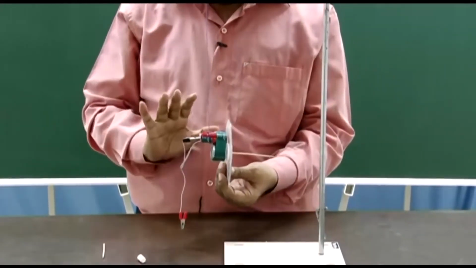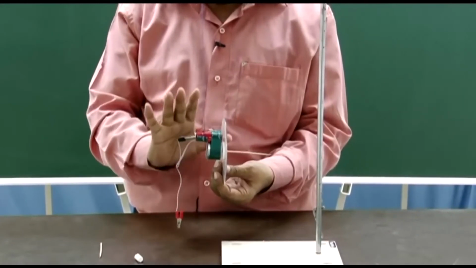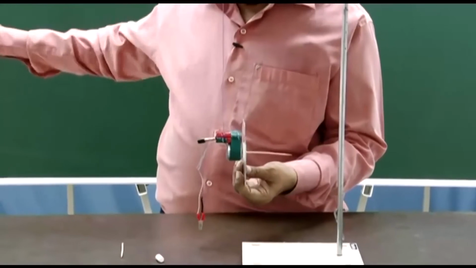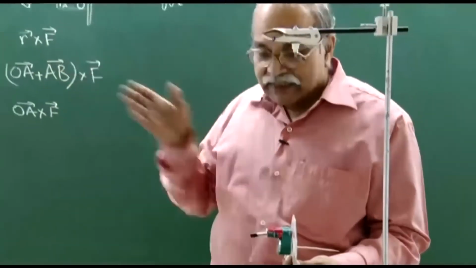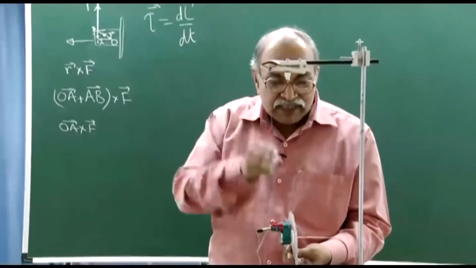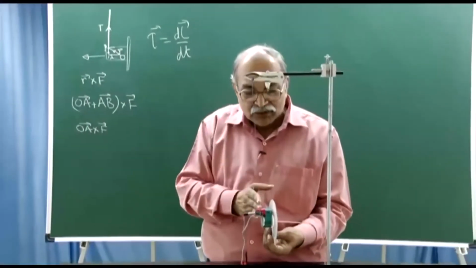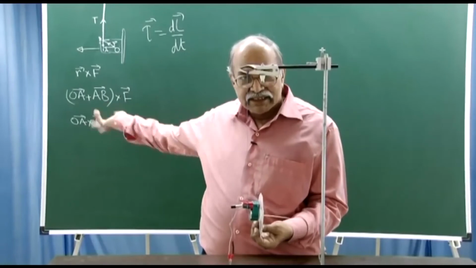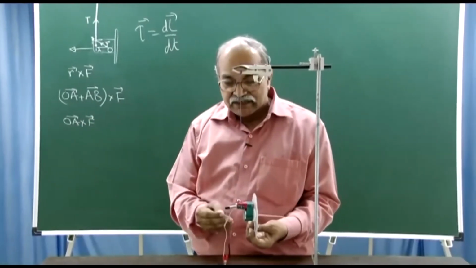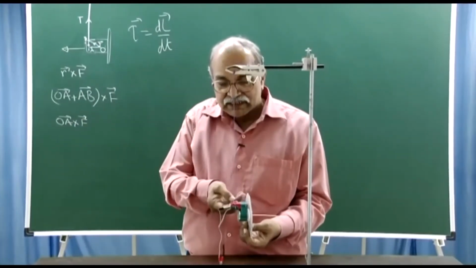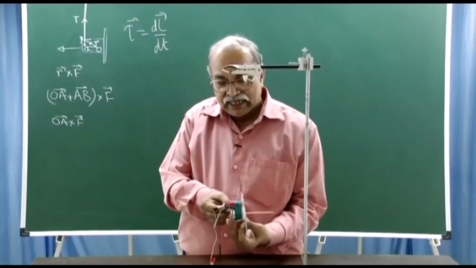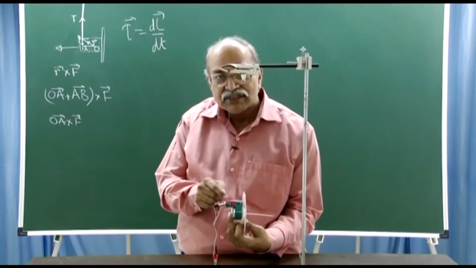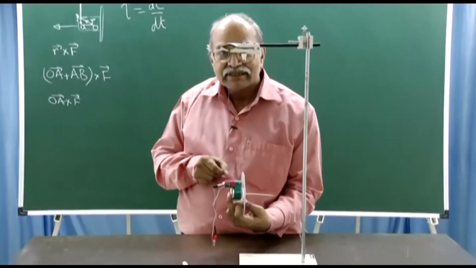Once again, the situation as far as the torque calculation is concerned is the same as that shown on the board. When the CD is here, the motor is here, and the battery is here, the torque is just like that and the torque direction will be towards me. If this is the torque direction, the angular momentum change will be produced in this direction.